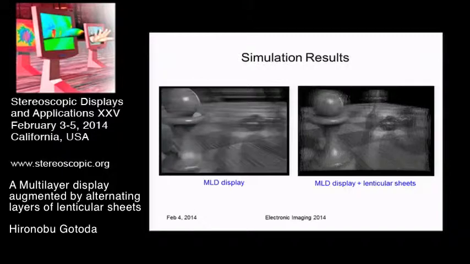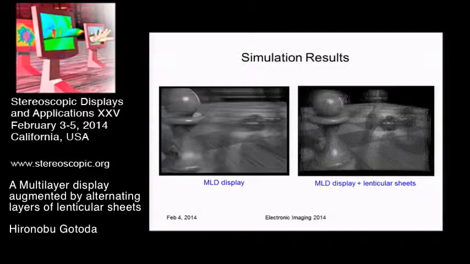The left one is produced by the conventional multilayer display architecture, and the second one is produced by the extension. And as you see, objects are more clearly visible, and object occlusion is properly handled in this example. And this object is now visible here, not visible in this image.